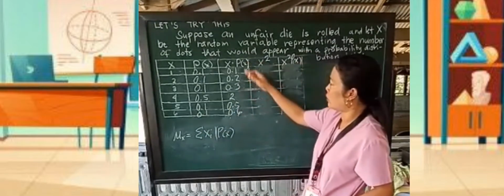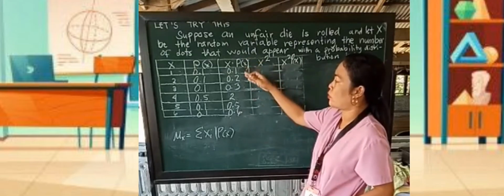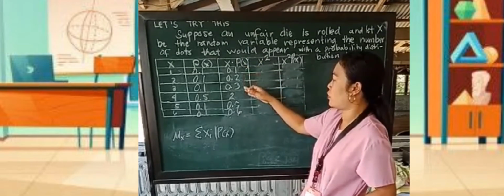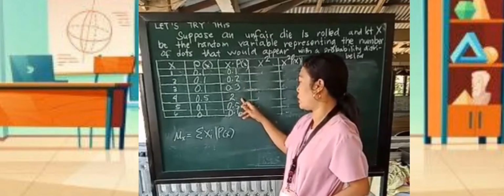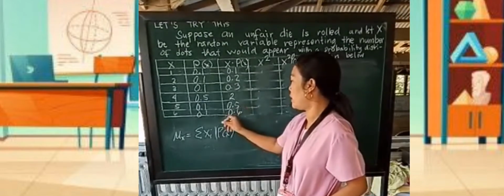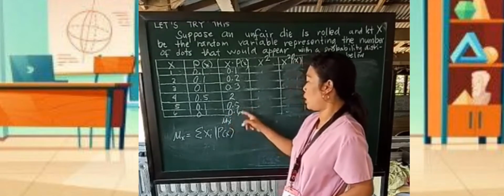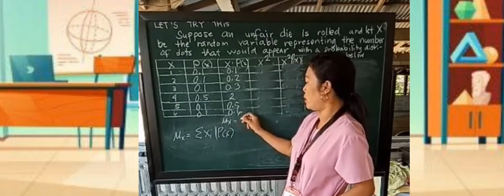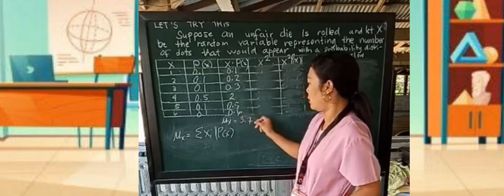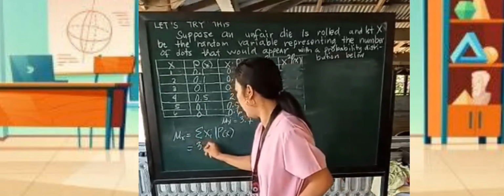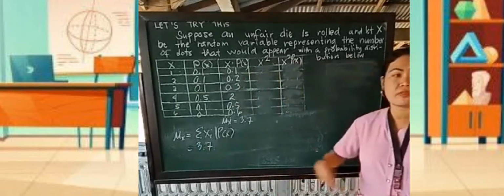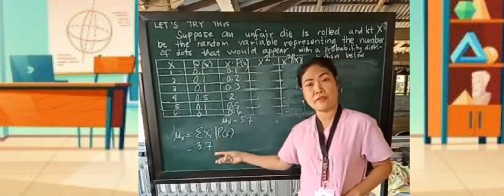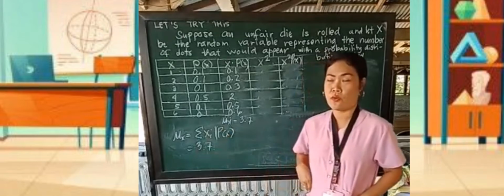Okay, we're going to get the total. 0.1 plus 0.2 is 0.3, plus 0.3 is 0.6, plus 2 is 2.6, plus 0.5 is 3.1, plus 0.6 is 3.7. Okay, so therefore the average of the dots that would appear is 3.7, and 3.7 is near to 4.